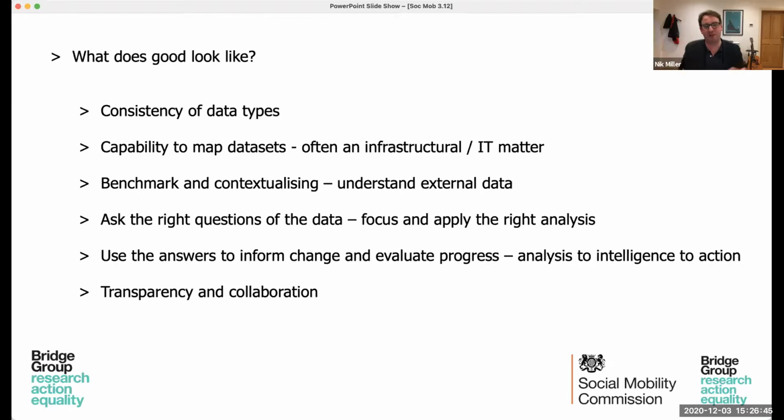People are not resistant to it. It's often an IT issue. That often tends to be the biggest barrier there. And then this principle, and some of the firms exemplify this, of transparency and collaboration, sharing data. The more that we're transparent about the data and share it, the more likely we are to be creating the change that we want to.